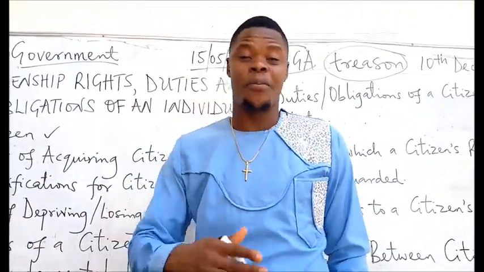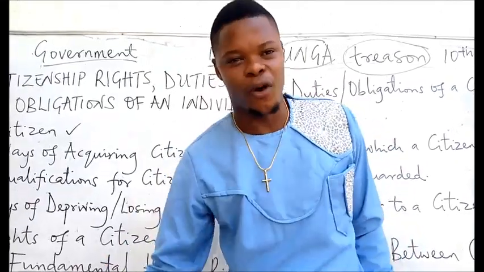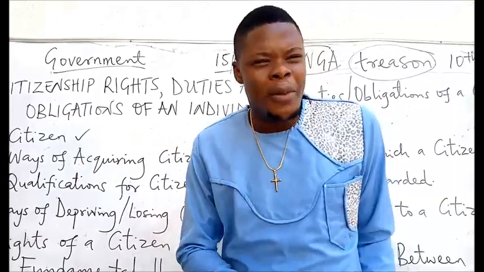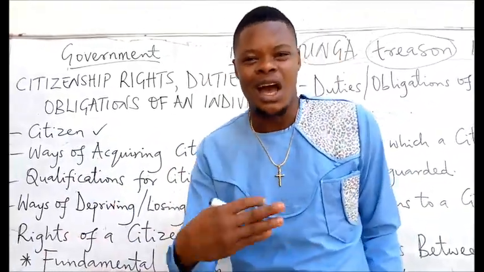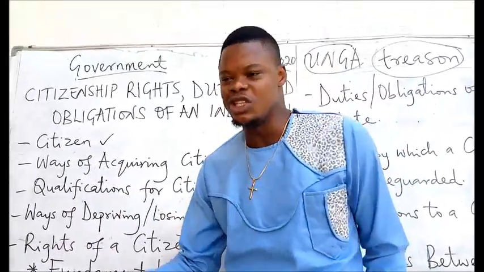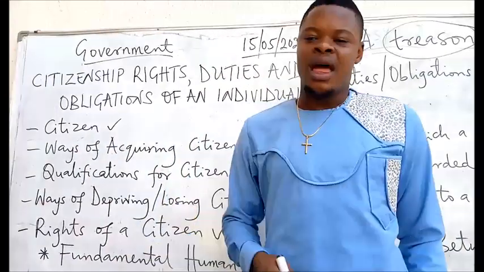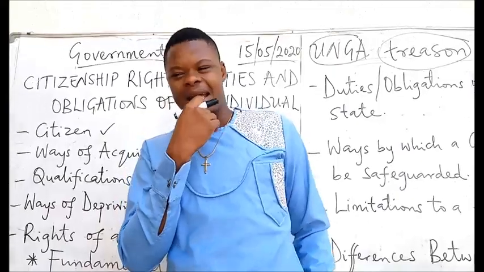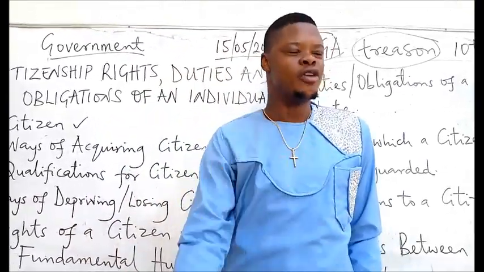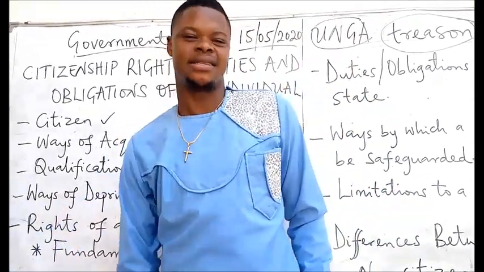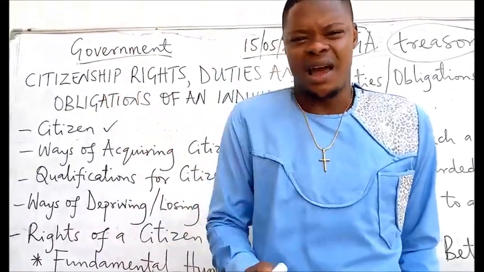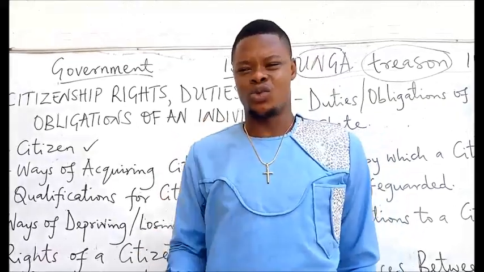So once you are up to the age required for election, you can vote and be voted for, no matter what your creed, no matter what your color, no matter what your ethnicity, and so on and so forth. Then another universal human right is right to freedom of movement without restraint. You can go to anywhere you want, as far as your rights are not what?